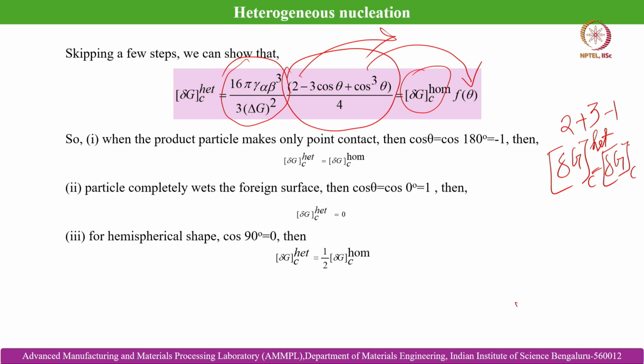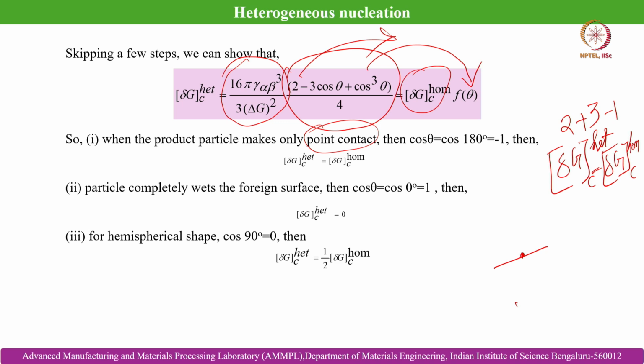So when the product particle makes only point contact, there is no benefit out of heterogeneous nucleation. It is similar to homogeneous nucleation, that means there is no change in the nucleation barrier.